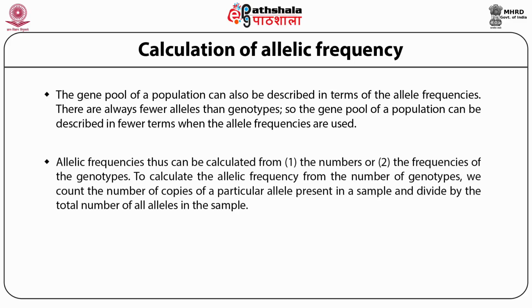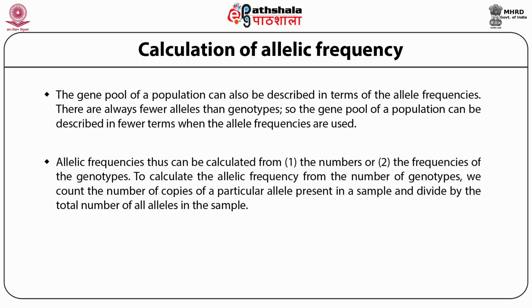Allelic frequency can be calculated in two ways. It can be calculated from the numbers of genotypes, or it can be calculated from the frequencies of the genotypes. To calculate the allelic frequencies from the number of genotypes, we count the number of copies of a particular allele present in a sample and then divide by the total number of alleles in the sample.